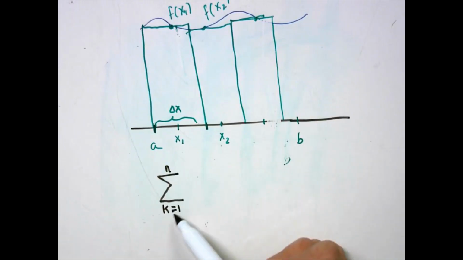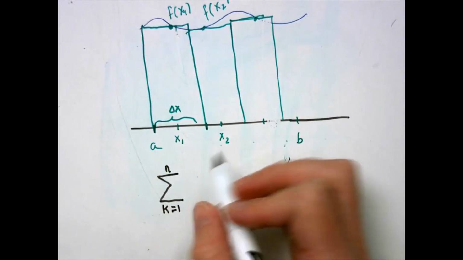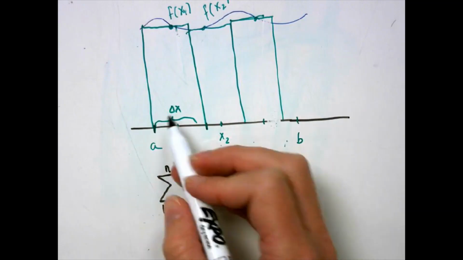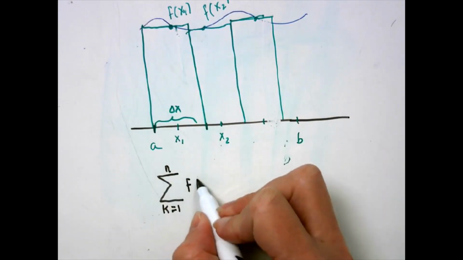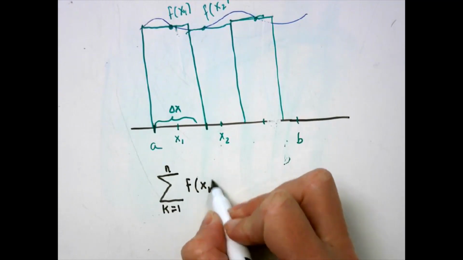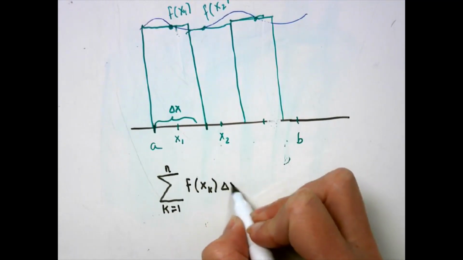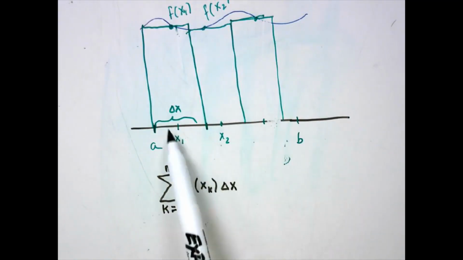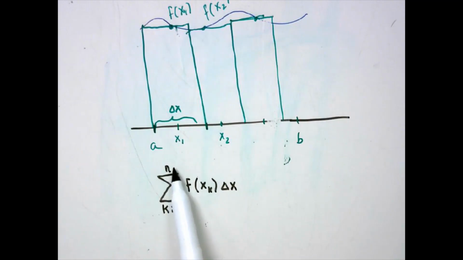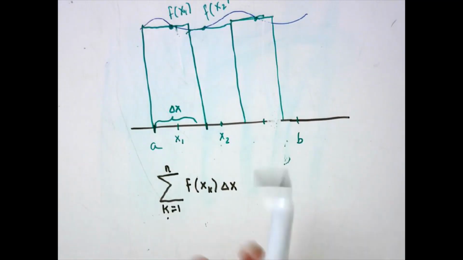So starting at k equals 1, the area of each rectangle is going to be f of xk times delta x. That would give me the Riemann sum. It would be all of these different rectangles, if I had n rectangles evaluated at x1, x2, x3, and so on.